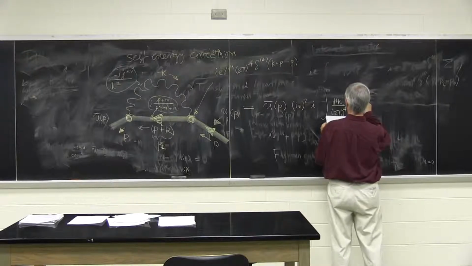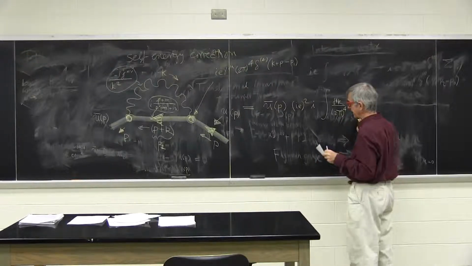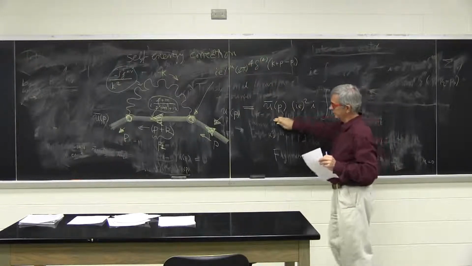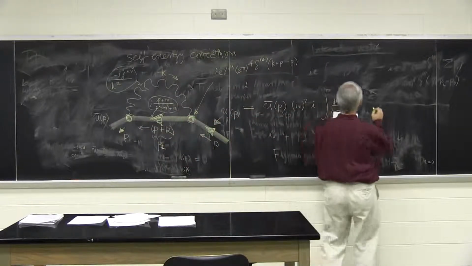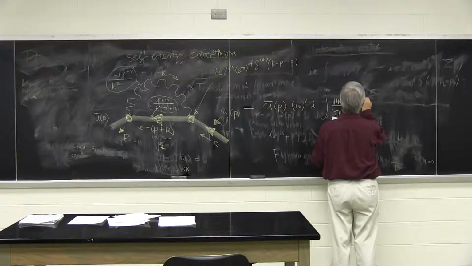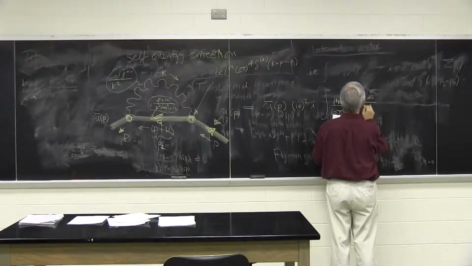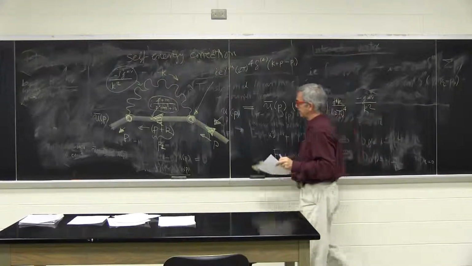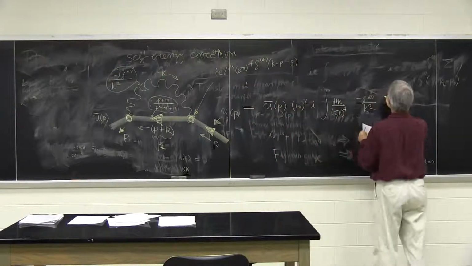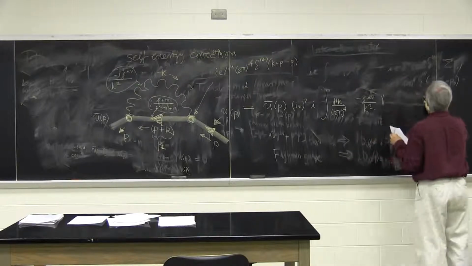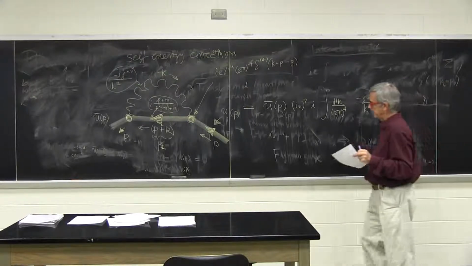And the other delta function is used to ensure that when I come out with P, I get minus G mu for the photon. So that's the contribution of this guy. And then I get two matrices.